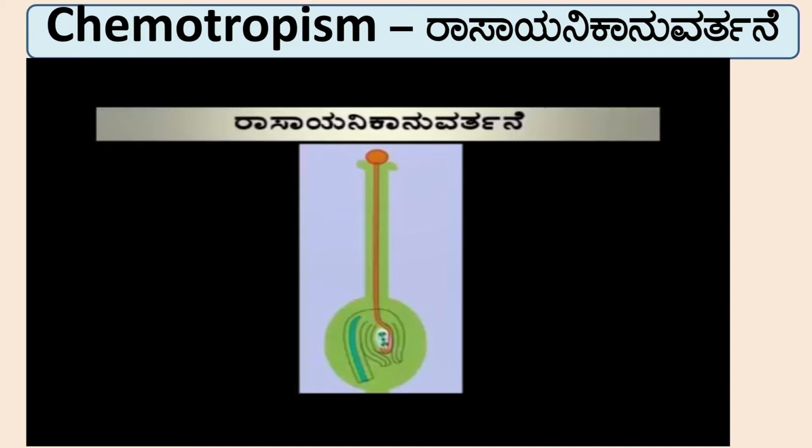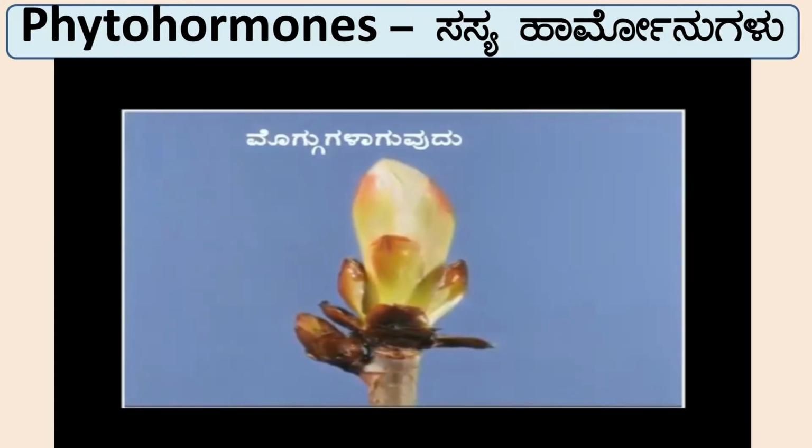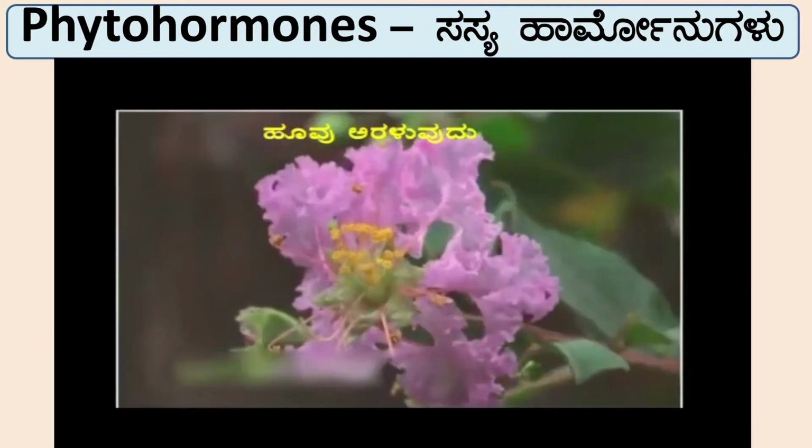Here you can see the pollen tube slowly moving towards the ovary where it meets the ovules. The pollen tube contains the male nucleus and the ovules have the female nucleus. For the sake of reproduction, this chemotropism is taking place. You just see the video and enjoy it.